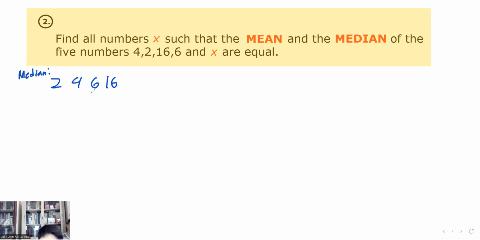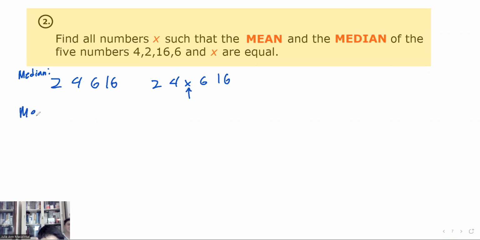If there are an even number of terms, you take the mean of the middle two, like 4 and 6. But when there's an odd number of terms, let's add the x, in any position, you take the middle number. In this case, it's x.